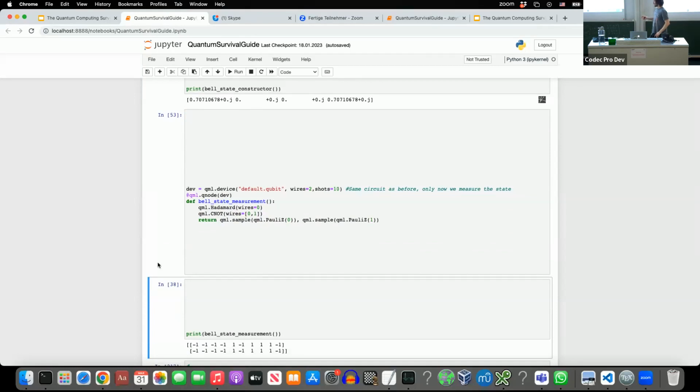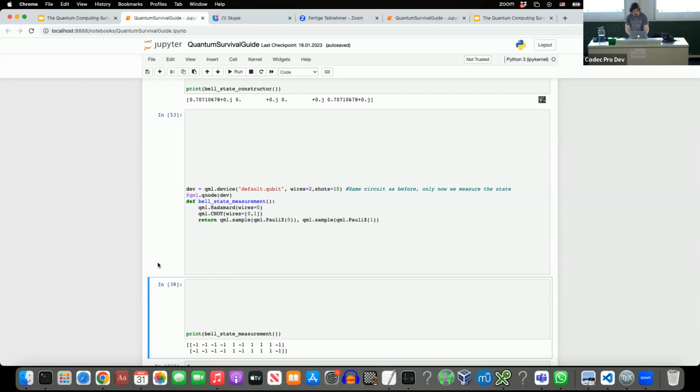So this top row here represents the measured eigenvalues of our first qubit, and this bottom row are the measured eigenvalues of our second qubit. And you might notice a pattern here, which is that whenever we see a -1 on the top row, we have a -1 in the corresponding entry in the bottom row. Likewise, if we see a 1 in the top row, it's always a 1 in the bottom row.